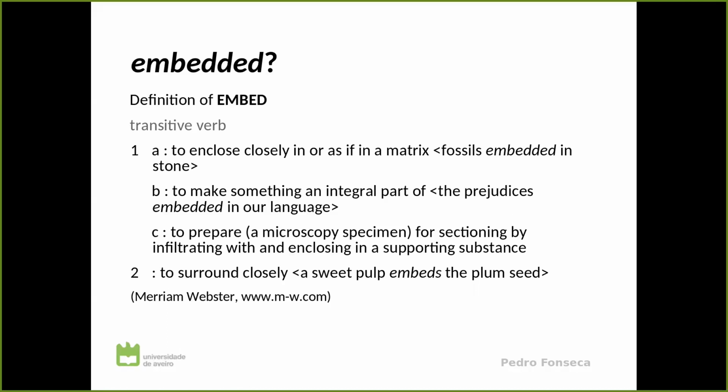to make something an integral part of some other thing, like in the phrase, the prejudice is embedded in our language, or, from a more technical perspective, to prepare a microscopy specimen for sectioning by infiltrating with and enclosing with a supporting substance.